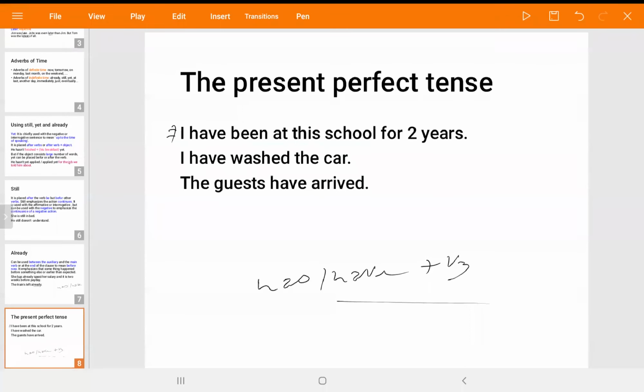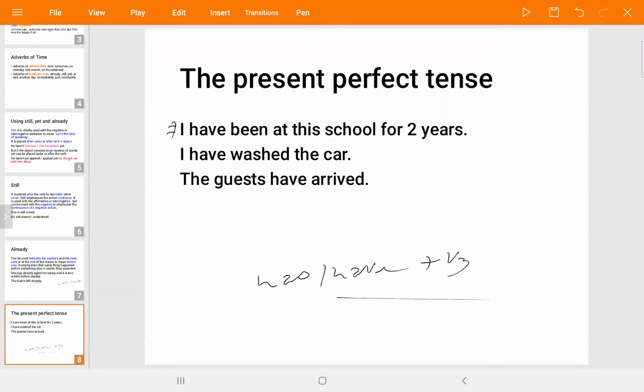I've been at this school for 2 years, or somebody has lived here for 3 years. She has lived here for 3 years.